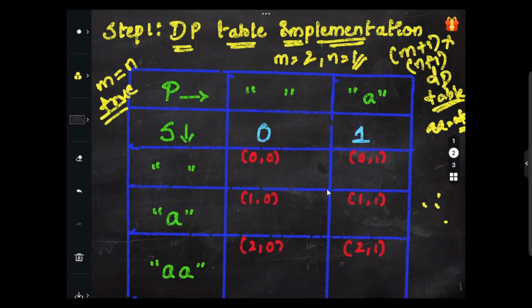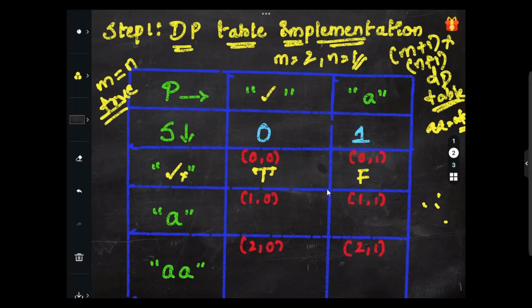So dp of 0 0 is true. Why is it true? The empty string matches the empty string, so we get true in this case. Empty string doesn't match a, so it will be false.